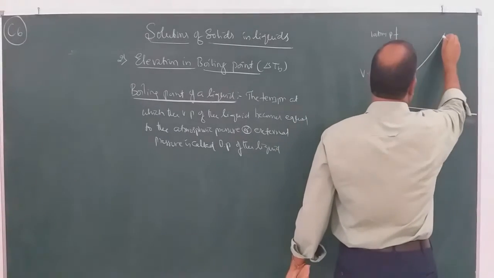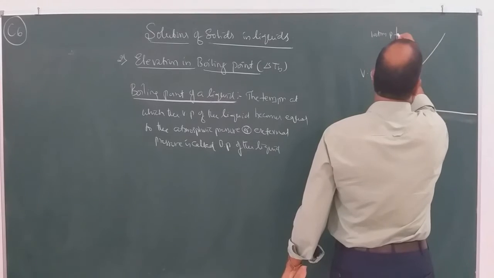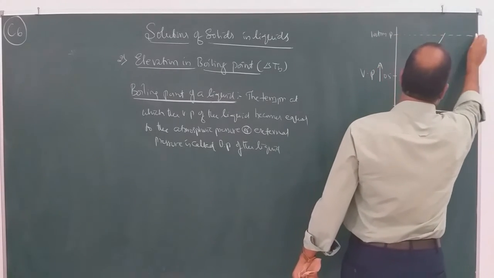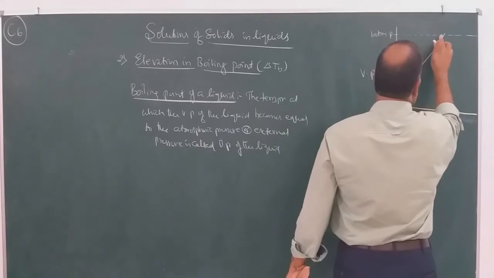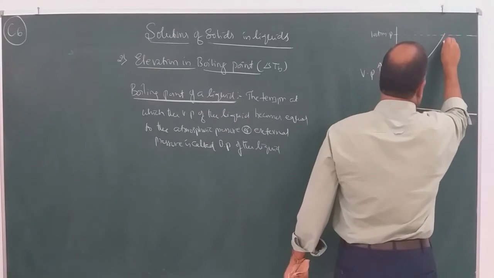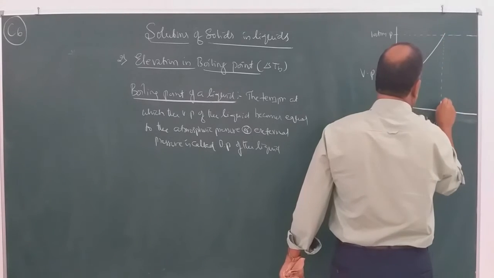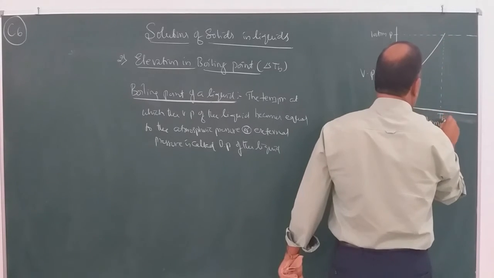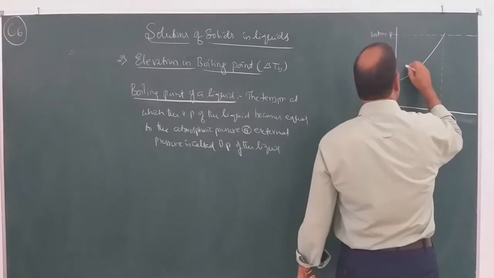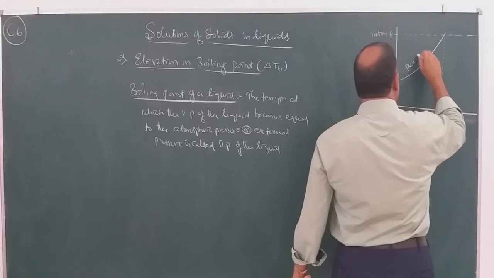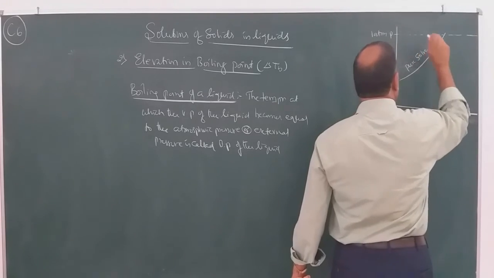So vapor pressure goes on increasing. When the vapor pressure becomes equal to atmospheric pressure, this is 1 atmospheric pressure, the liquid boils. The corresponding temperature is called TB. What is TB? This is the boiling point of pure water or pure solvent.